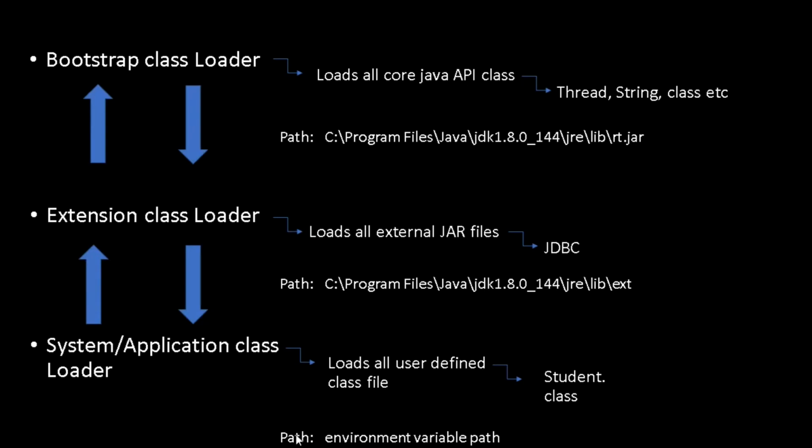So to load all the files of a program, the JVM only calls the system class loader, the application class loader, and it will get all the work done automatically.